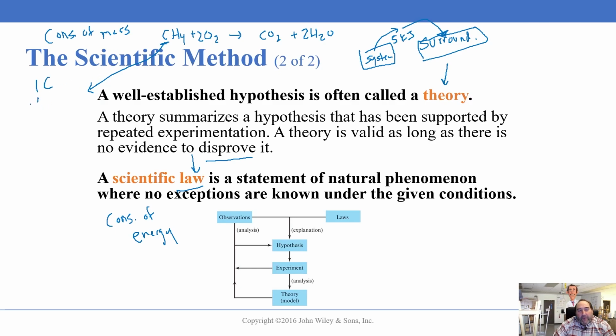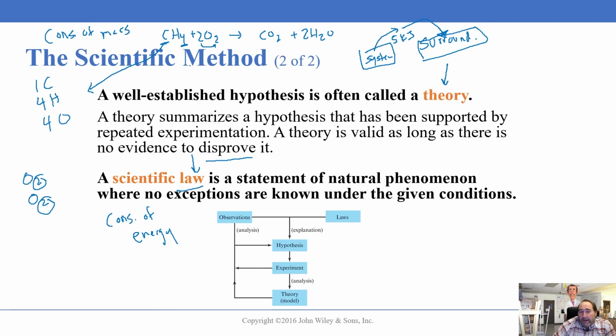We have 4 hydrogen atoms, which are these 4. We also have 4 oxygen atoms, which is the 2 in front times the 2 there. That 2 in front means we have 2 of these oxygen molecules. So that's 2 oxygens there, and 2 more there makes 4.